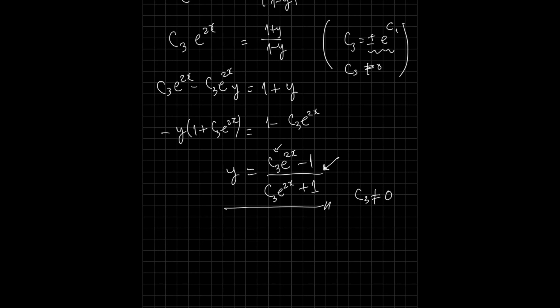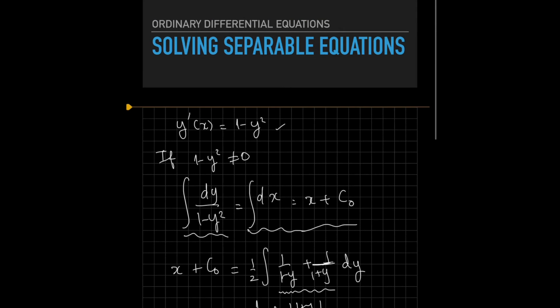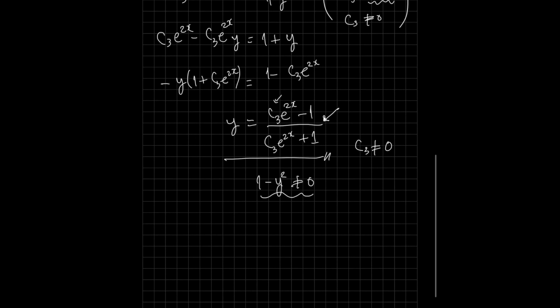And also we made the assumption that this is the solution if 1 minus y squared is not 0. Remember, we had to do the division here, and we had to assume that 1 minus y squared is not equal to 0. And what this means is that y squared is not equal to 1, and y is not equal to plus minus 1.